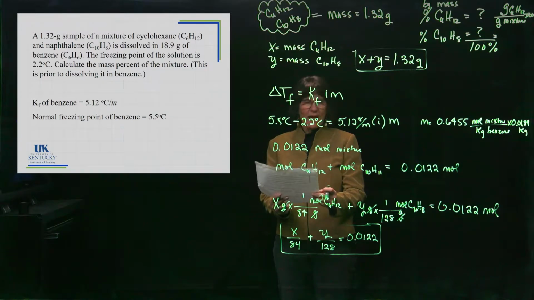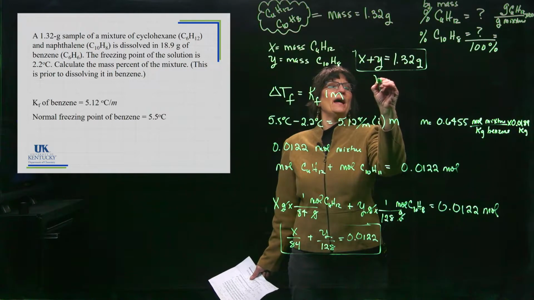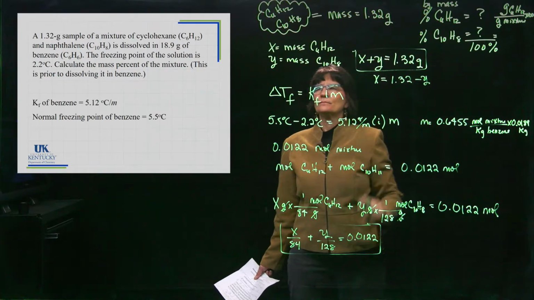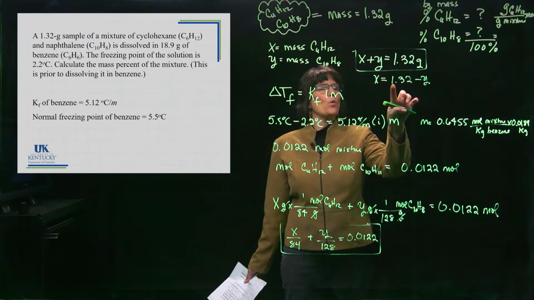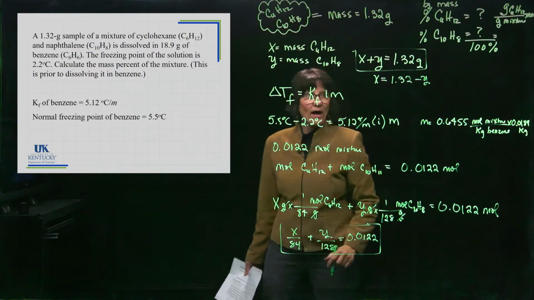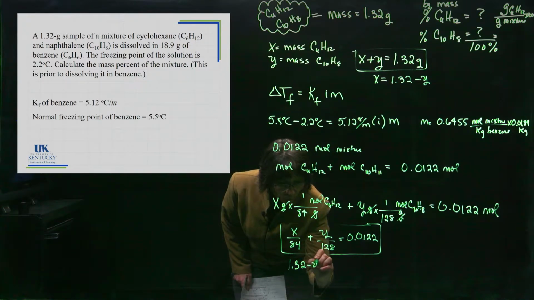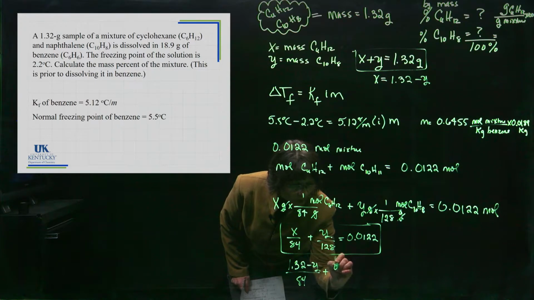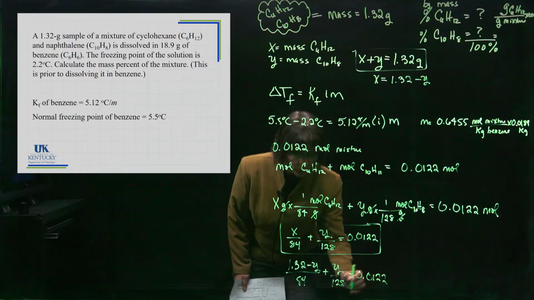I think the first thing I'm going to do is take this equation and solve for X. So X is equal to 1.32 minus Y. You agree with that? Then I can come down here and replace that 1.32 minus Y where I see X. 1.32 minus Y over 84 plus Y over 128 is equal to 0.0122.